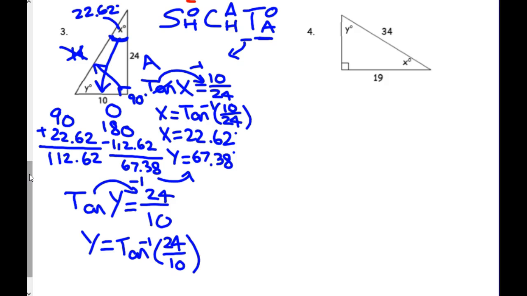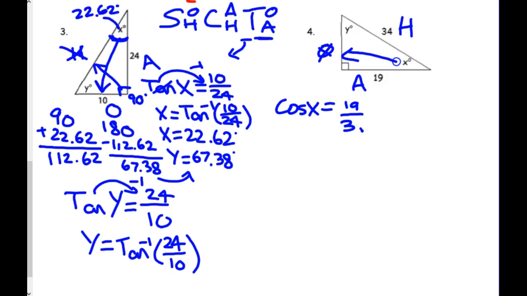So let's do number 4 real quick. On number 4, starting at x, we have O, H, and A. We don't need O, right? Which one is A over H? Cosine. So let's write it down. Cosine x equals A over H, 19 over 34. Cosine goes over, and we get x equals cosine inverse 19 over 34.